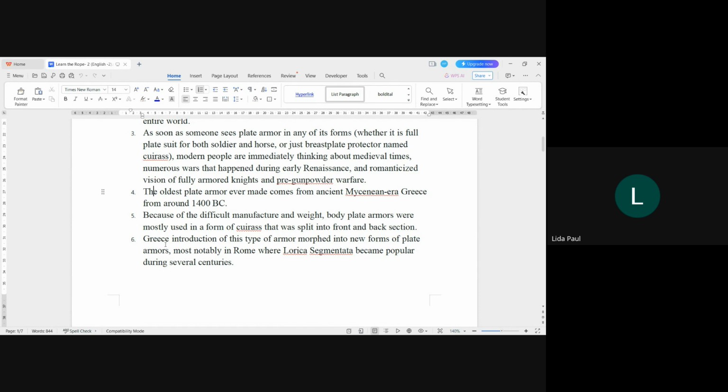And then I think the last one here, Greece introduction of this type of armor morphed into new forms of plate armors, most notably in Rome, where Lorica segmentata became popular during several centuries. Most? Yeah, most. How about notably?